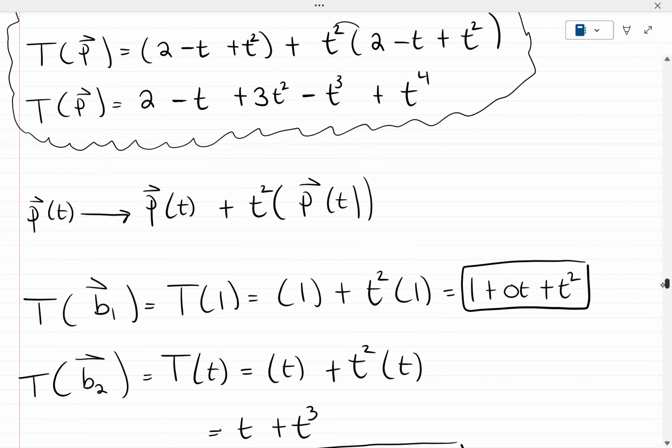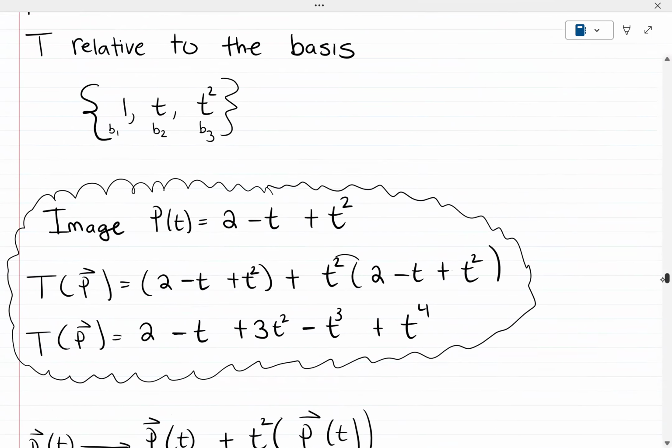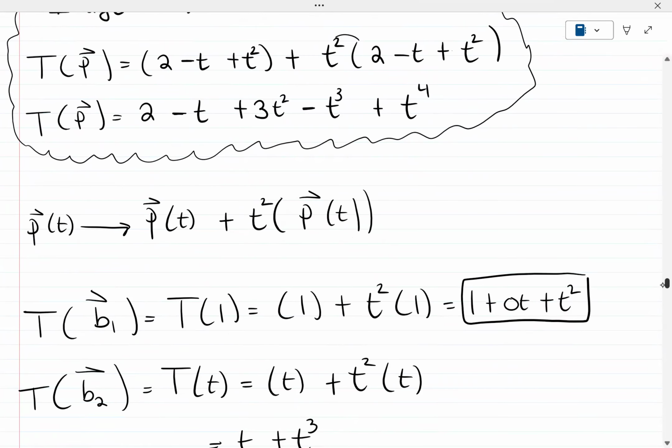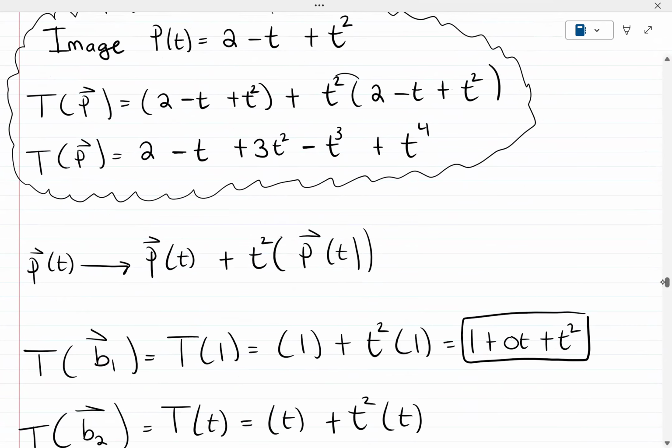And then you're going to find T of B1. So if you recall, B1 is 1, so it's going to be T of 1, right? So T of 1 is equal to 1 plus T squared plus 1. Let me show you what they did.